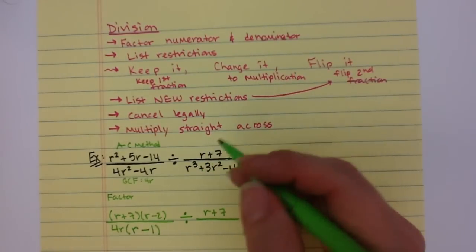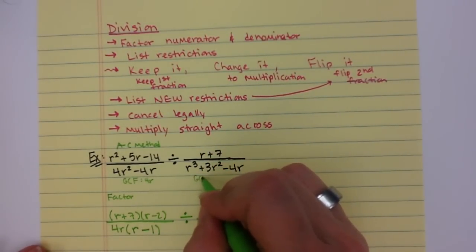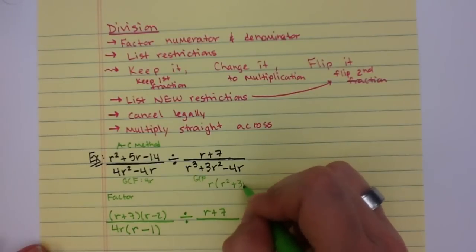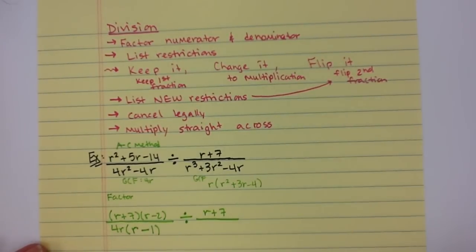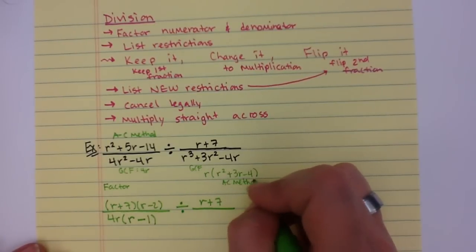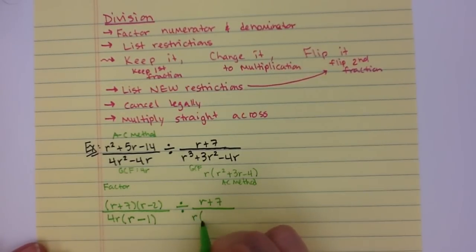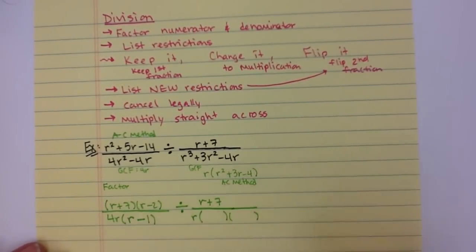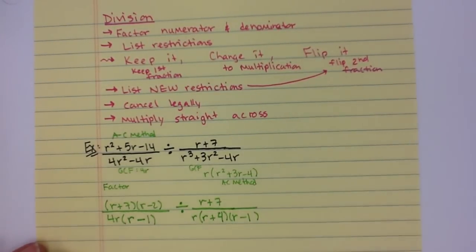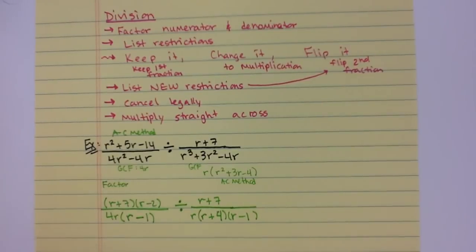And the bottom right has a GCF of r, so I'll go r times r squared plus 3r minus 4. And then I'm going to need the AC method. So I'll have r times, and again, just for the sake of time, I'll factor that for us, r plus 4, r minus 1. So once we have it factored, the next thing we're going to do is list restrictions.